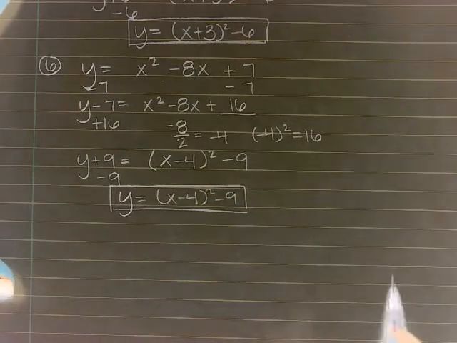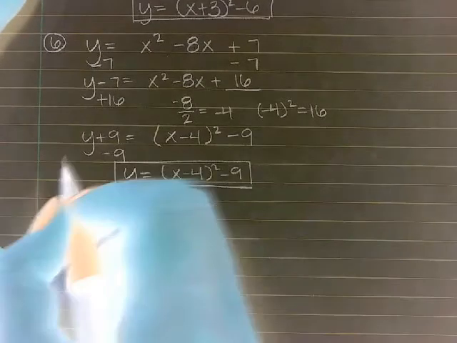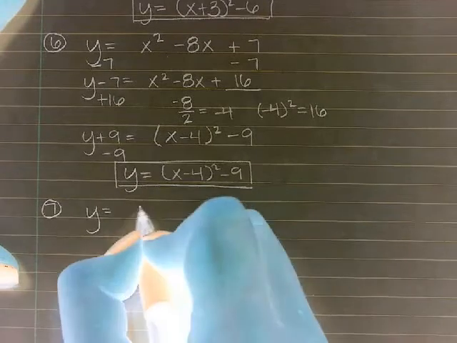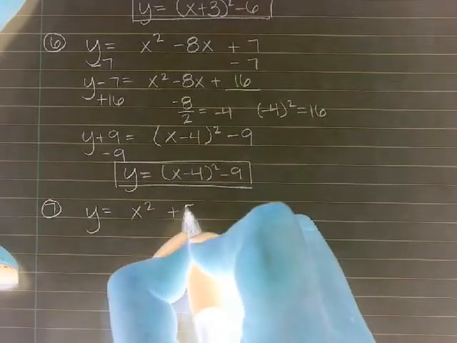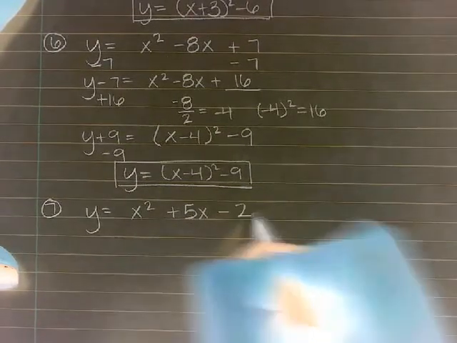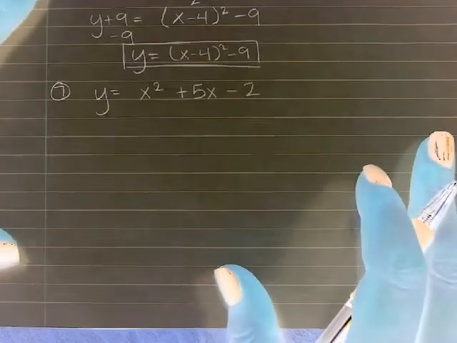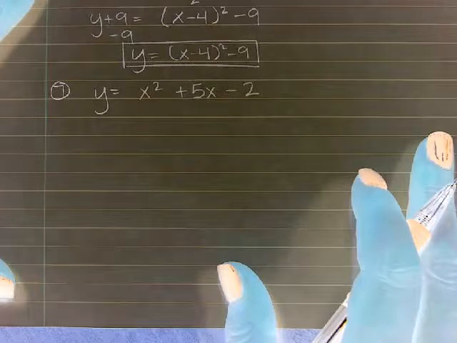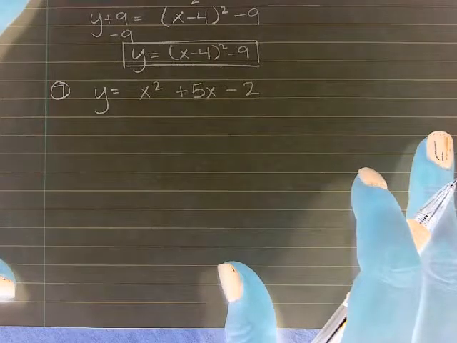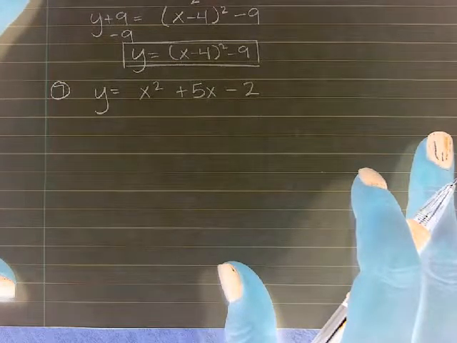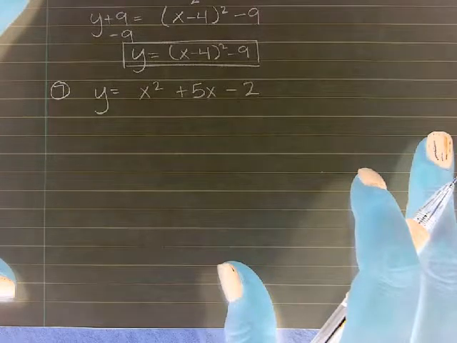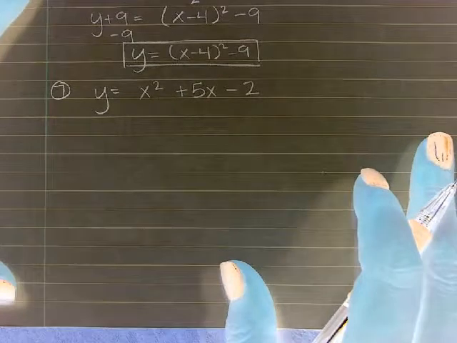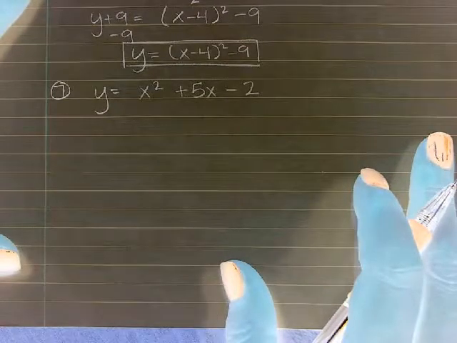Okay, we're going to do a decimal. Y equals x squared plus 5x minus 2. So what should I do?